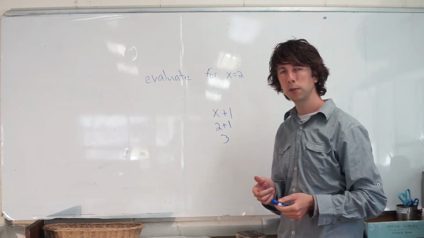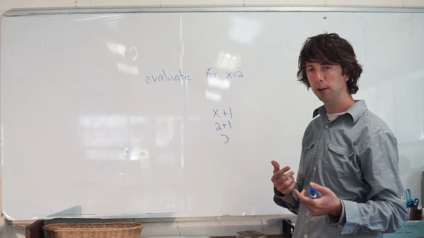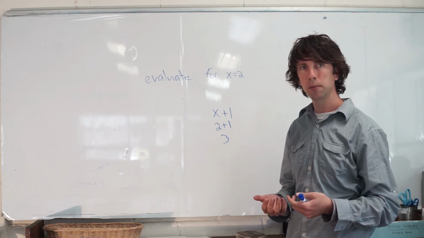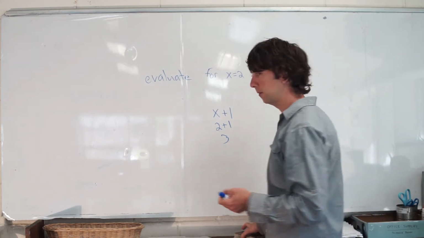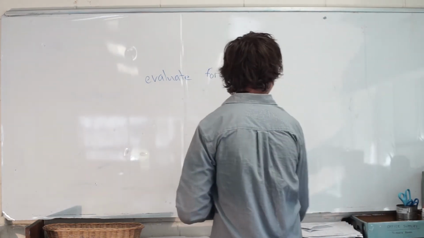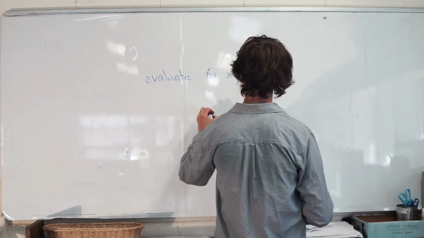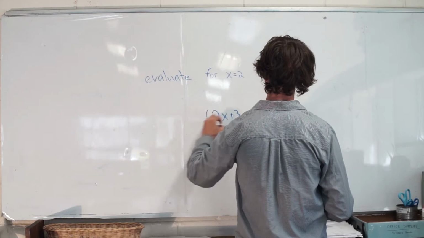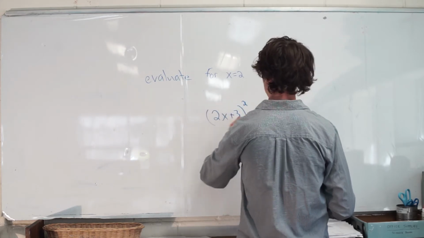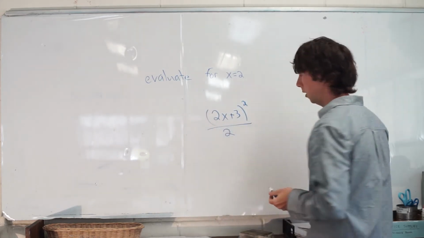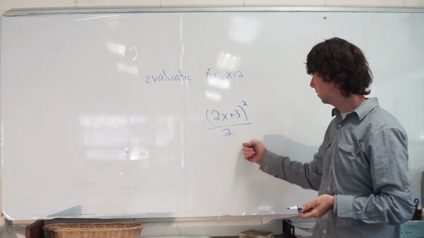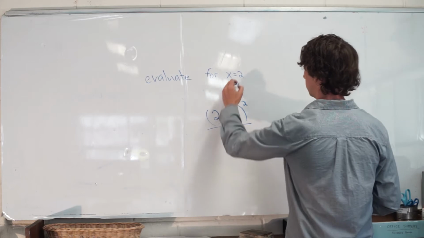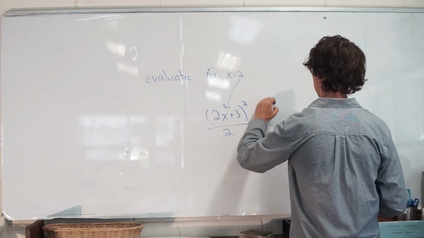I don't know that we've revisited evaluating with some of the new rules we've learned about exponents. But I think you could probably put that together. For example, I think you could probably evaluate this expression for x equals 2 as well. You would plug in the 2 for x.